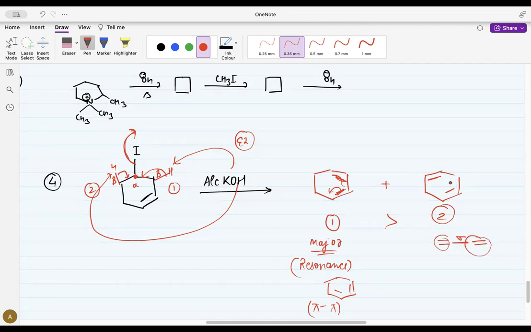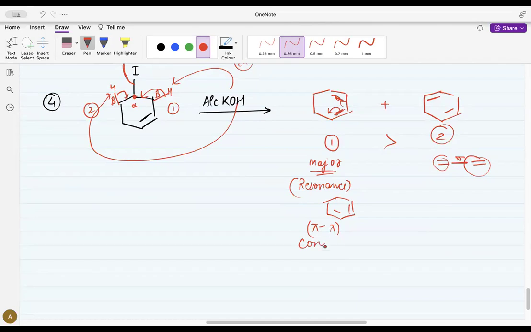Here I cannot do resonance. I cannot shift these electrons towards this. So out of 1 and 2, because of conjugation, because of resonance, same it is. Because of conjugation, pi conjugation is inside this one, therefore this one is more stable than the other. More stable means major. Major, more stable.